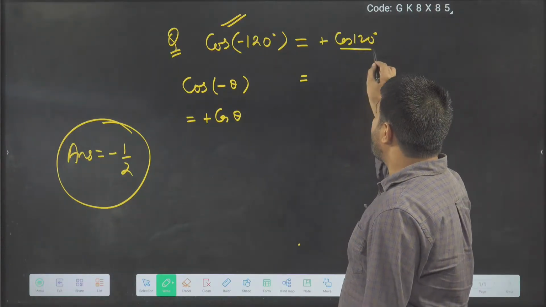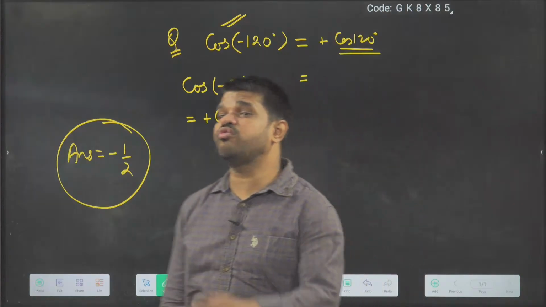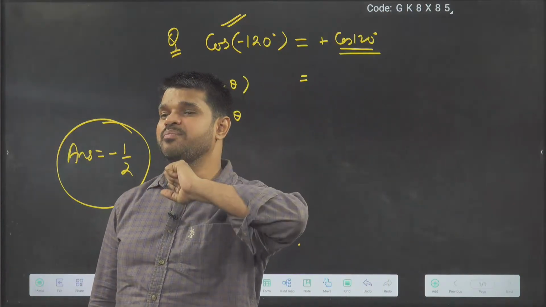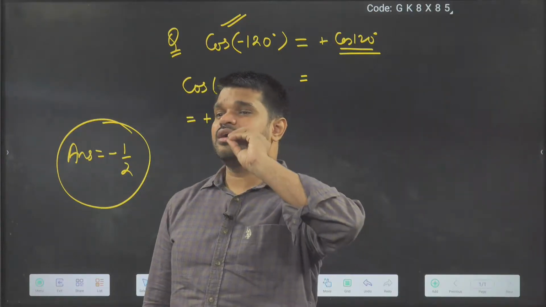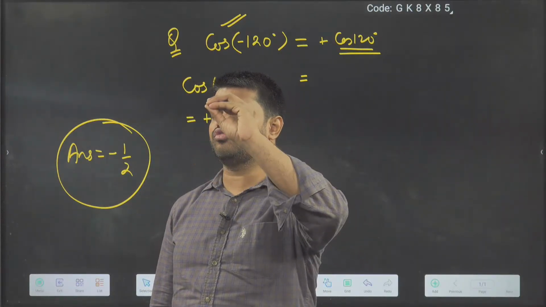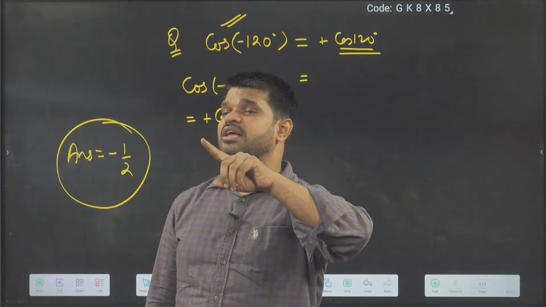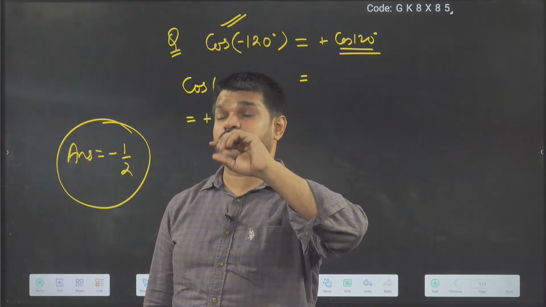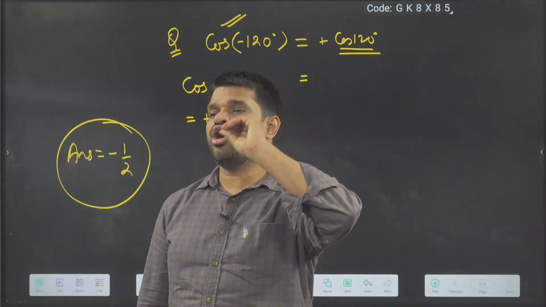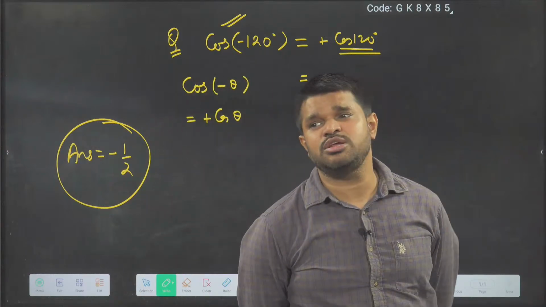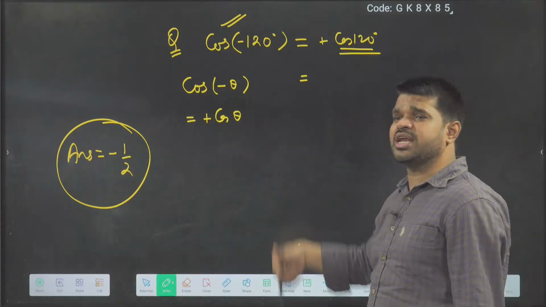And now I have told you how to find cos 120. 120 degree is a higher angle. How do you find the value of a trigonometric ratio for a higher angle? You write the angle either in the form of 90 or 270 plus minus theta, or 180 or 360 plus minus theta. I am using 90 here.